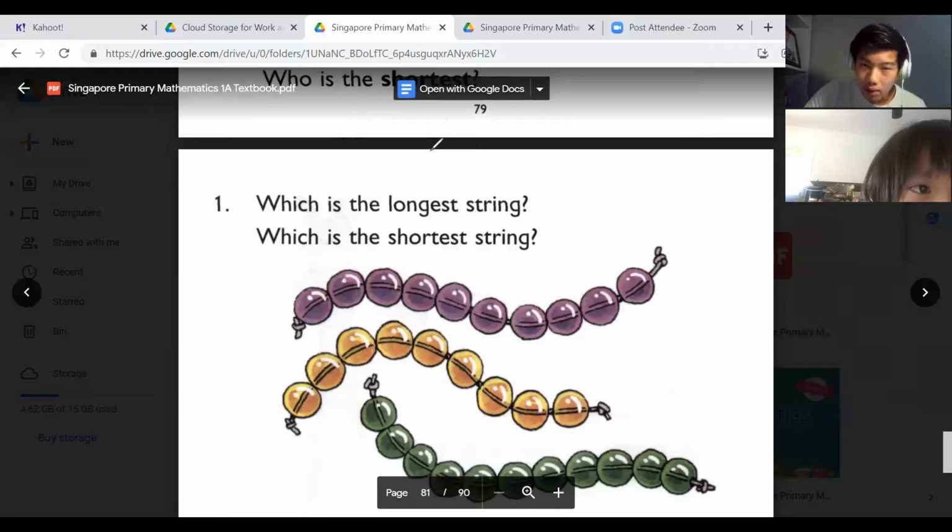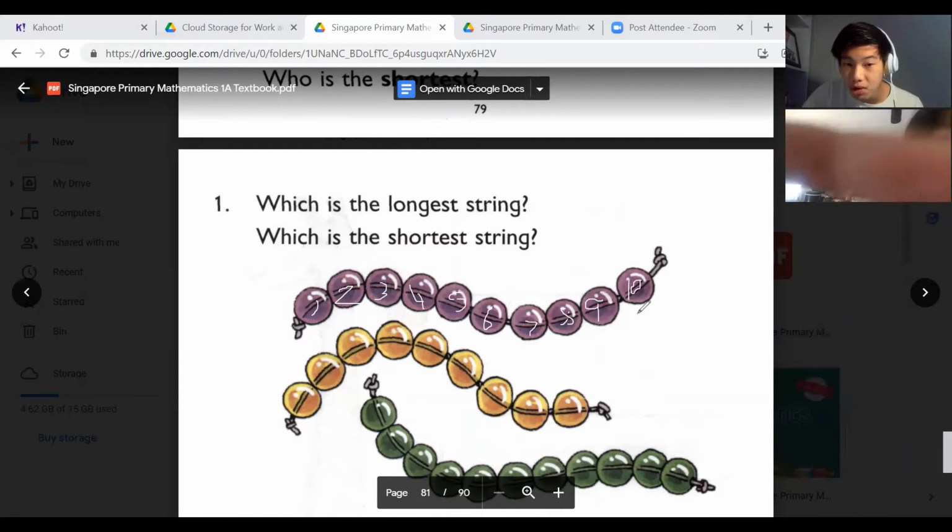If we count how many marbles there are on the string, or how many beads there are, we can get 1, 2, 3, 4, 5, 6, 7, 8, 9, and 10.